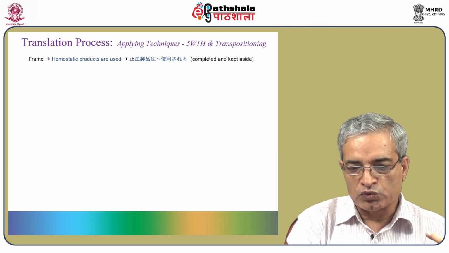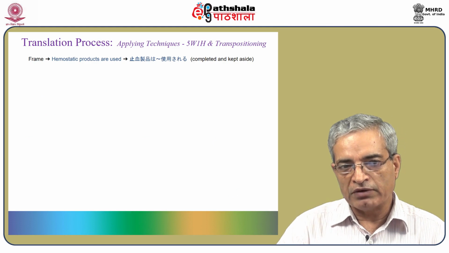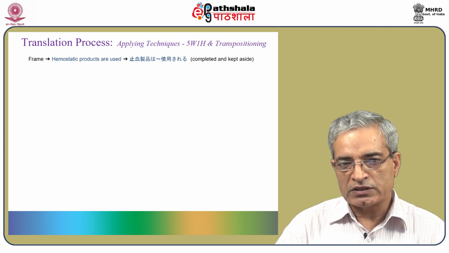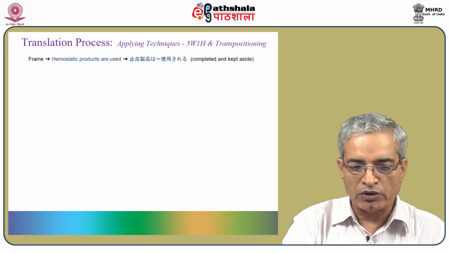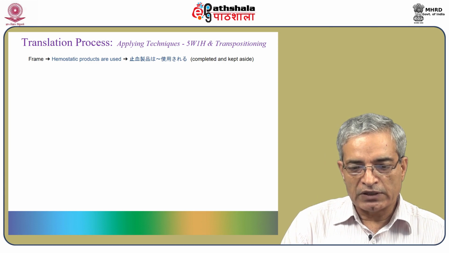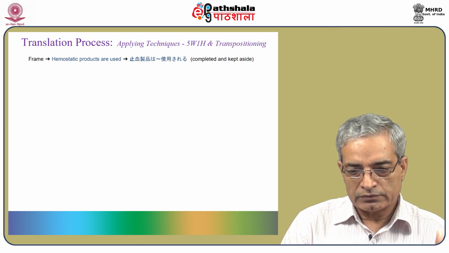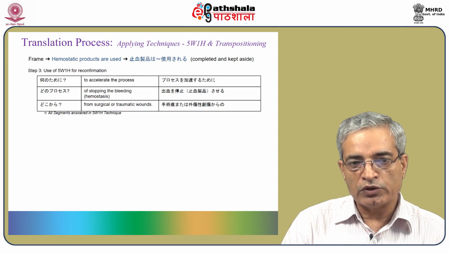And let's try to put it now in a different way by applying the 5W1H. This will also ascertain whether you have done the work up to here correctly or not. What is to be kept aside is the main frame, that is shiketsu seihin wa shiosareru, and for the remaining we are doing it on the units.